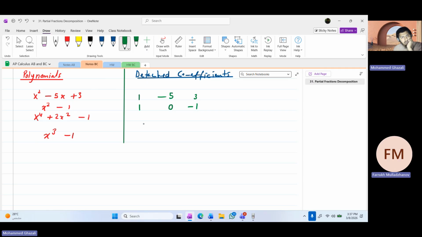Next one, x to the power 4: 1, 0, 0, 2, -1. Excellent, because there's no x term, so just be careful. X cubed minus 1: 1, 0, 0, and -1. Excellent.